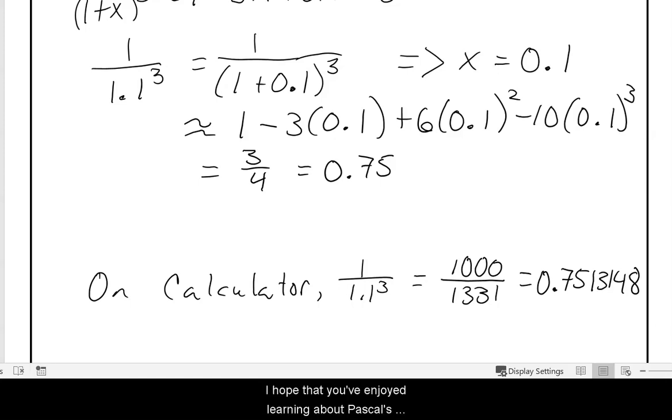I hope that you've enjoyed learning about Pascal's triangle and how it can be used to expand binomials raised to whole number powers, and also that you've enjoyed learning about binomial series and how you can expand binomials raised to powers which are not whole numbers by using the special formula to compute the coefficients, and how you can use this to approximate different values to a high degree of accuracy with only finite polynomials. This is the end of this video.